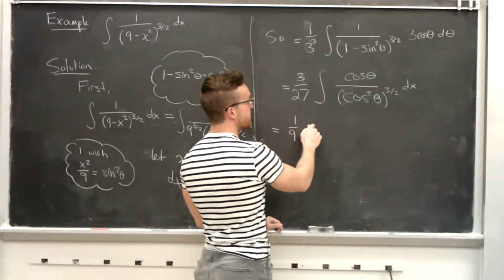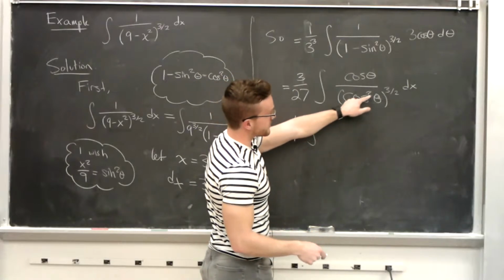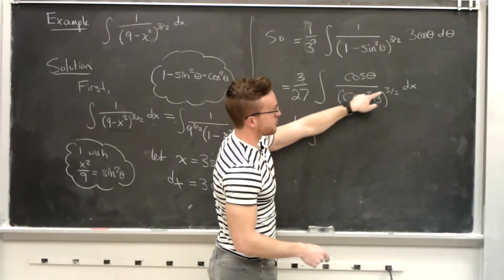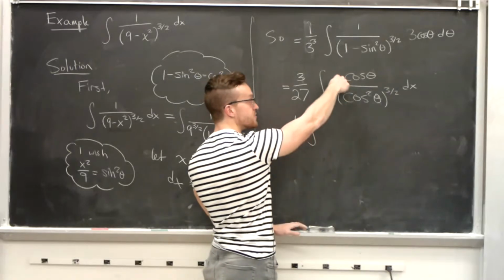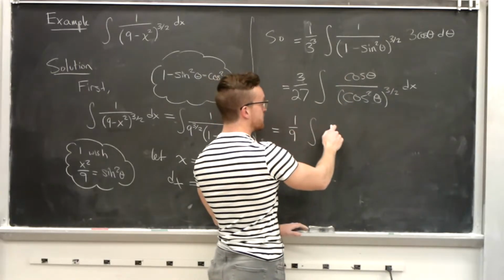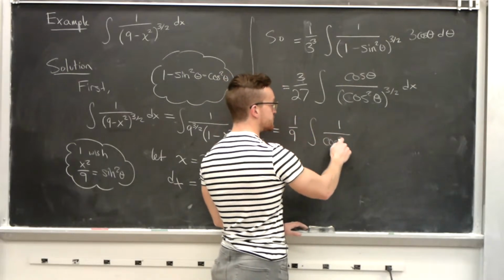Three over 27 is a ninth, and then cosine squared to the 3 halves is like 2 times 3 halves, which is cubed. So this is cosine over cosine cubed, which is 1 over cosine squared.